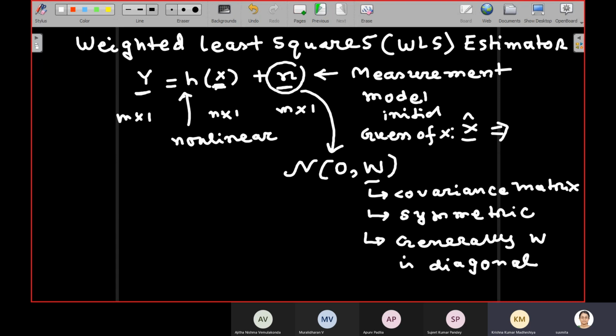Now we assume that it is an unbiased case, meaning E of x hat is actually E of x.